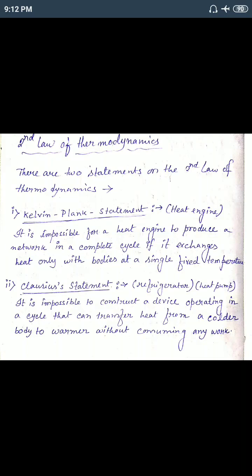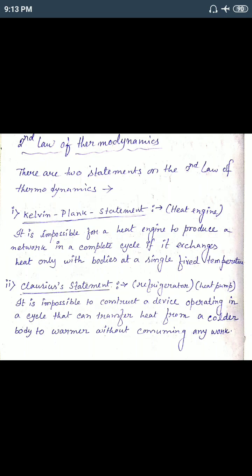That's why we consider the sink a cold reservoir with infinite thermal capacity, and the source a hot reservoir at T1. The third part is the engine or working substance. This is the construction of a heat engine.